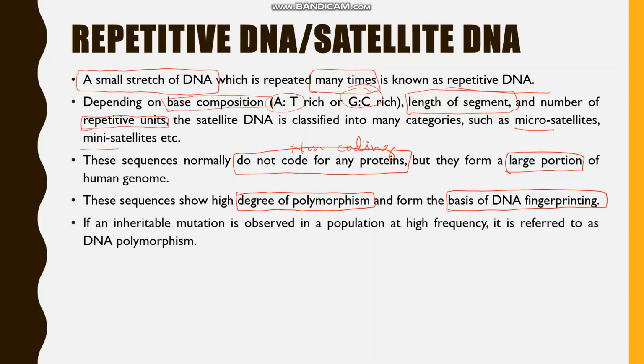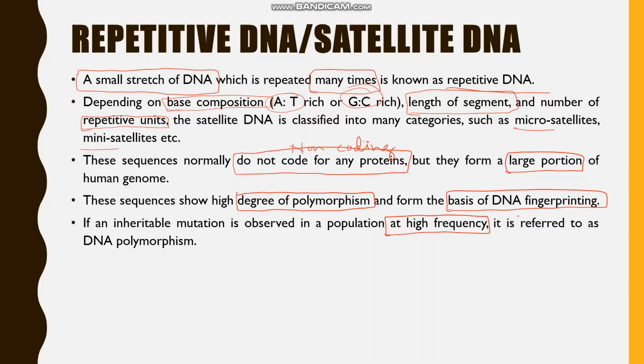Then what is meant by polymorphism? If an inheritable mutation is observed in a population at high frequency, then it is known as DNA polymorphism. Normally from generation to generation, the genetic material undergoes mutation. That is a natural phenomenon.